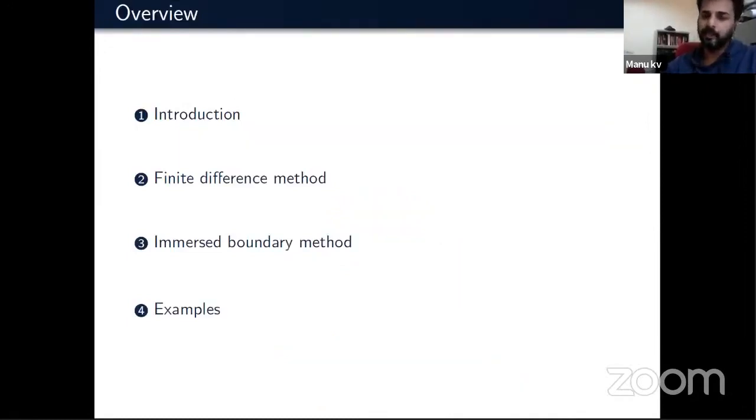I'll start with an introduction to the immersed boundary method, and the advantages of this technique compared with other CFD techniques. Then I will go through the basics of the finite difference method, how we can solve a partial differential equation using it, more related to solving the Navier-Stokes equation for incompressible flows.